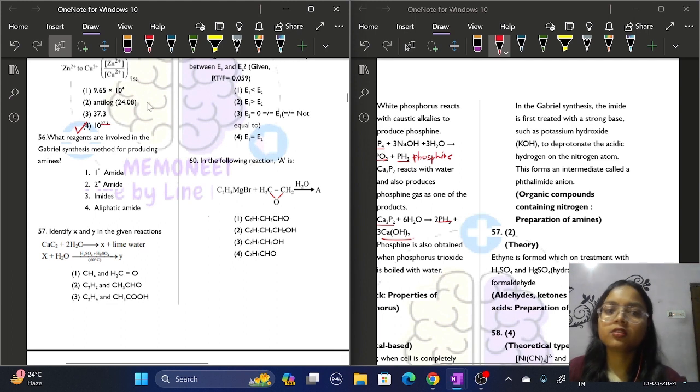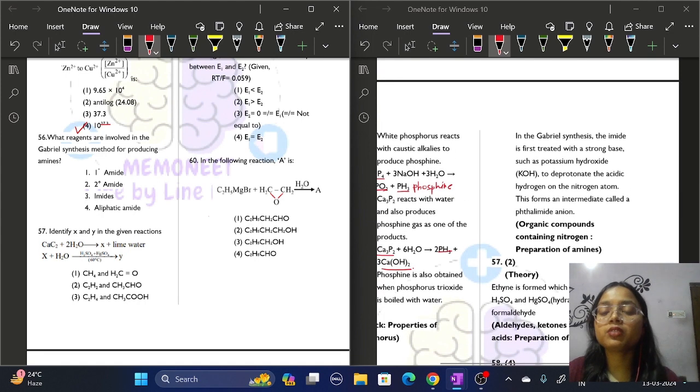So in the 56th question, what is given? What reagents are involved in the Gabriel synthesis method for producing amines? Okay. So let's write the Gabriel synthesis reaction first. It is also known as the Gabriel phthalimide synthesis, right? So let's draw it.